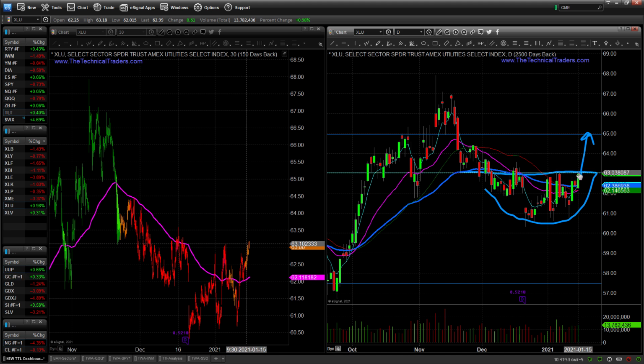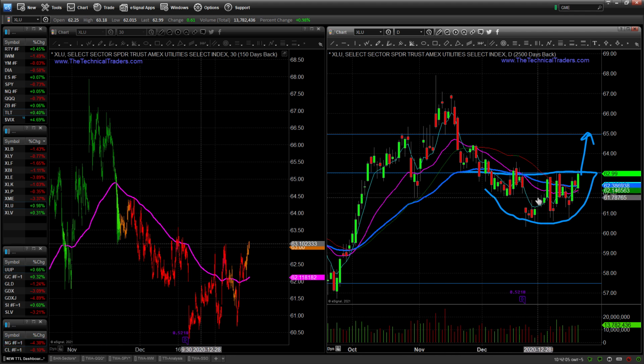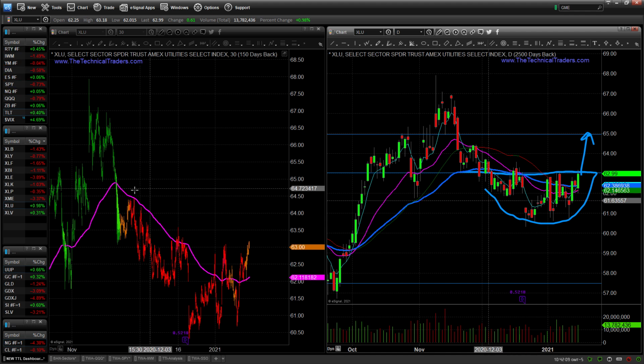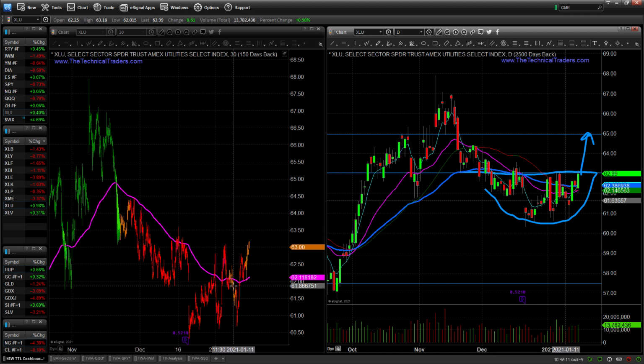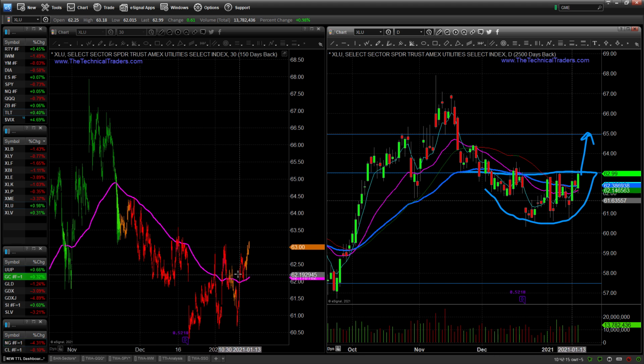These defensive plays, bonds and utilities, could end up actually doing okay, while the rest of the market struggles for a little bit here. So hopefully that gives you some insight on short-term analysis and looking at the daily chart using Fibonacci extensions and the 20-day moving average. Very critical line in the sand on the chart, the 20-day going forward.